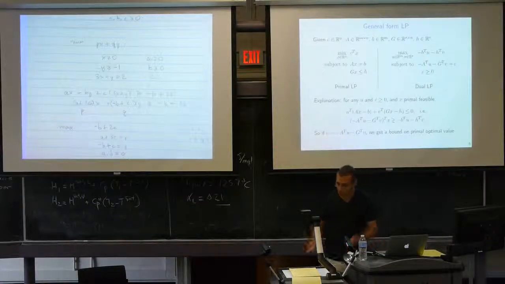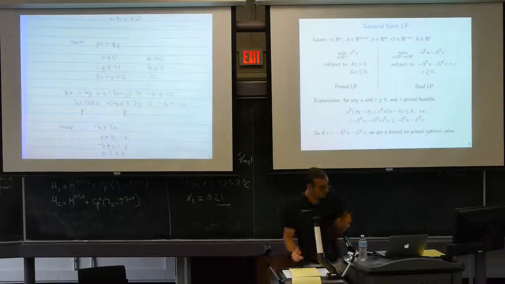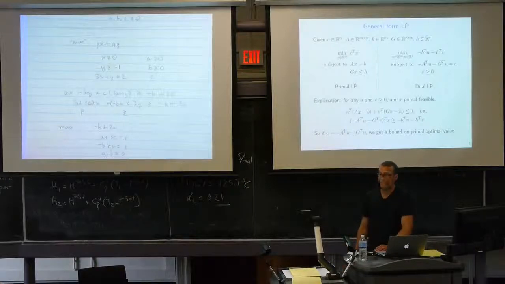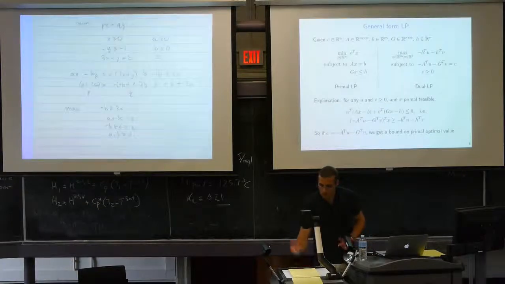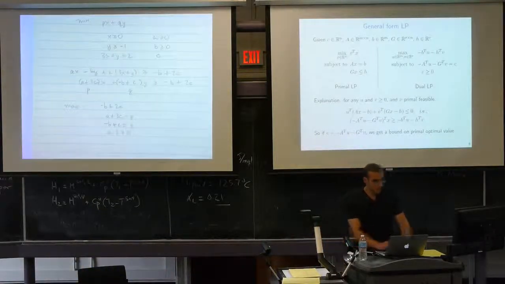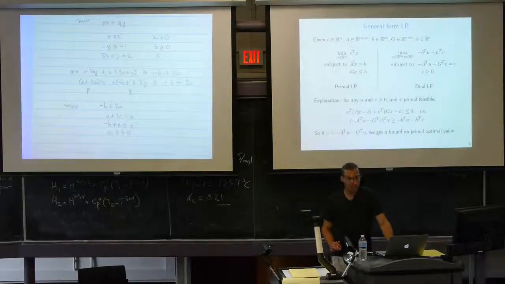So here's a general form LP. And we're going to go through the same construction and get a general form dual LP. You'll probably have the answer to your question in just a moment. So let's suppose that our LP is minimize c transpose x subject to some equality constraints and some inequality constraints. And this captures everything we would want to express in an LP.